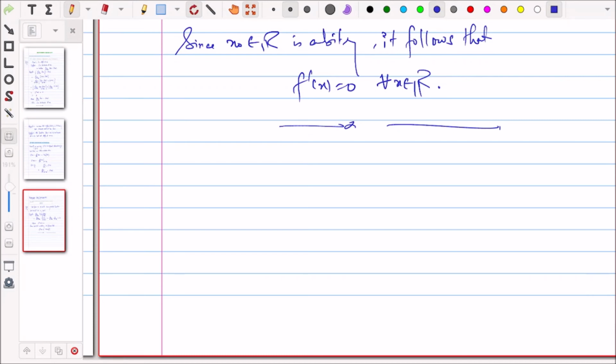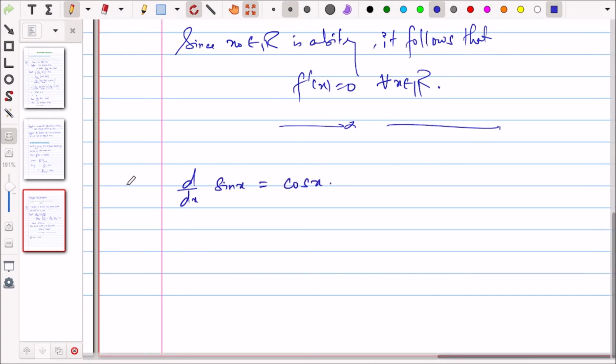So what are the other formulas that you must remember? d by dx of sin x is cos x. सारे formulas याद कर लेना. अभी कुछ लिख देता हूँ मैं, बाकी और याद कर लेना जो तुमने 12th में पढ़े हुए हैं. d by dx of cos x is minus sin x.